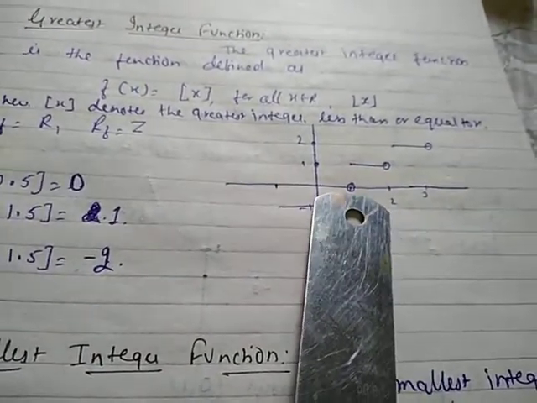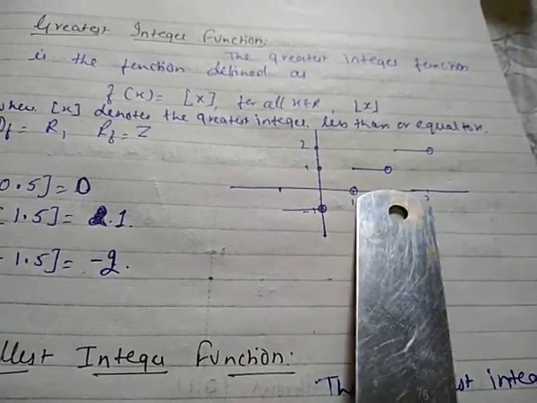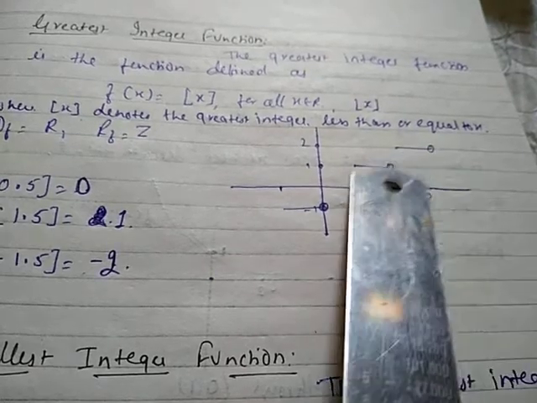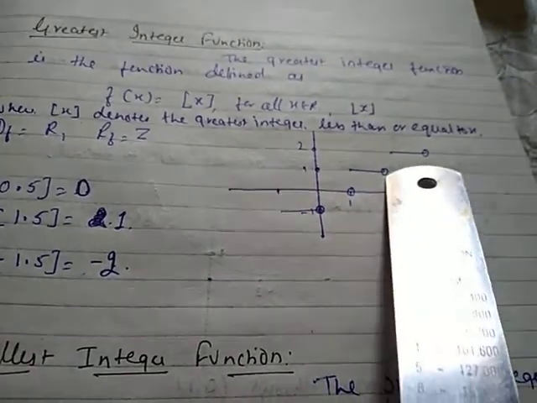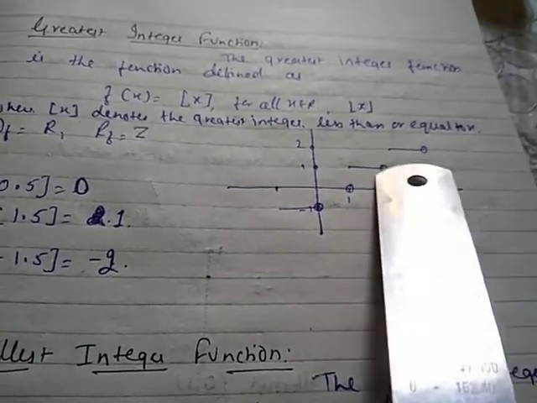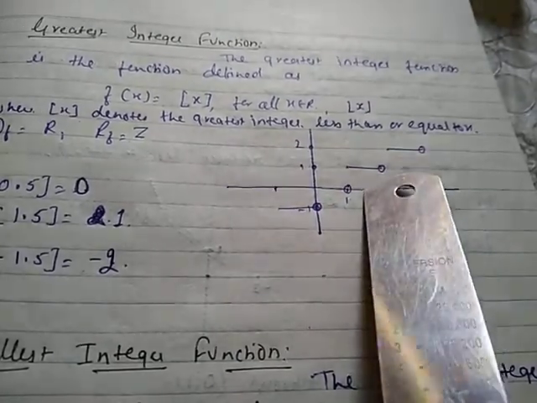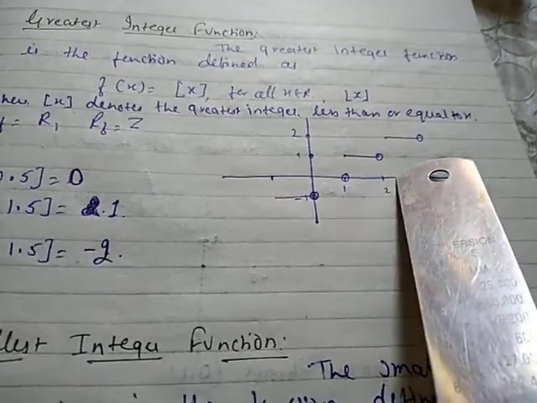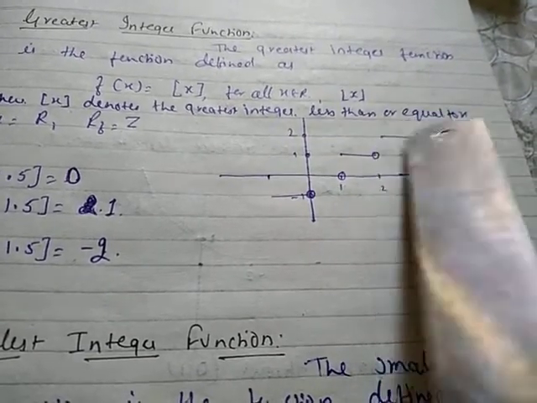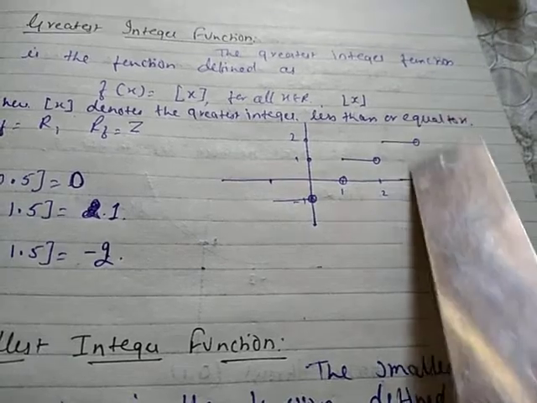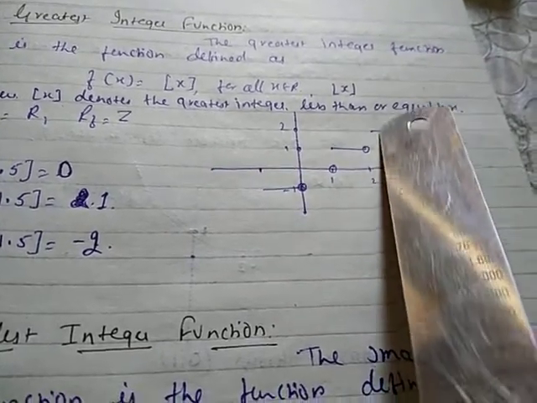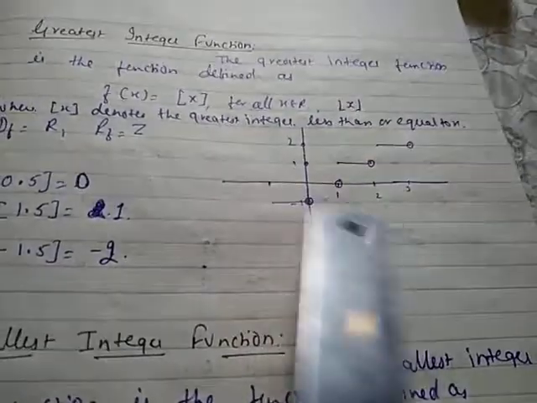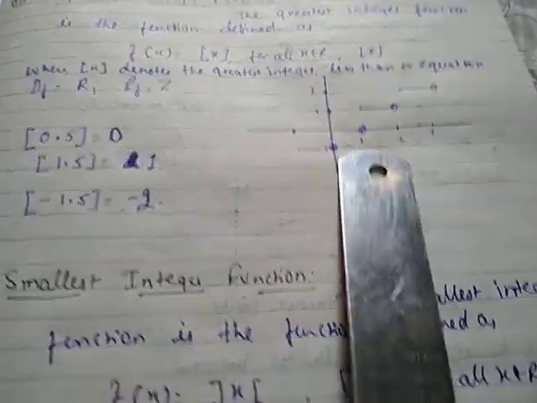Here, from 0 to 1, and from 1 to 2, just see here, 2 is not included, and all the values have the same y. Here from 2 to 3, all values are considered, and y is always 2. So this way you need to draw the greatest integer function.